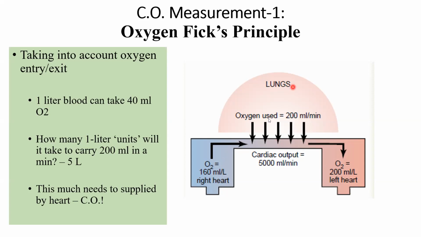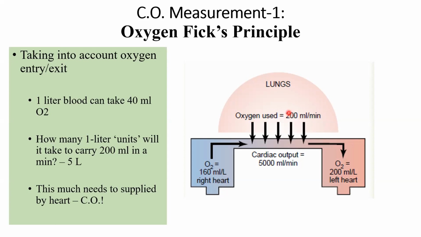The second part of the story is we know that in the lungs, the oxygen used per minute is 200 ml per minute. Okay, this can be easily measured by any device which measures the oxygen concentration in the inspired air, and then subtracting the oxygen concentration in the expired air from it, and you'll know how much oxygen per minute this person is using, right?